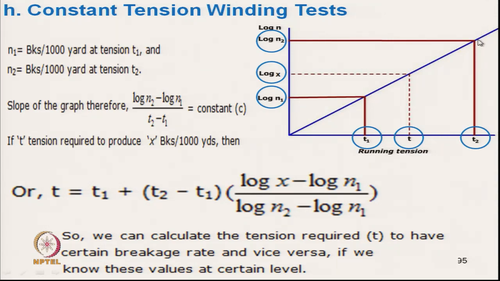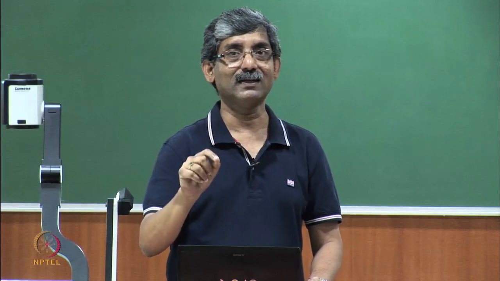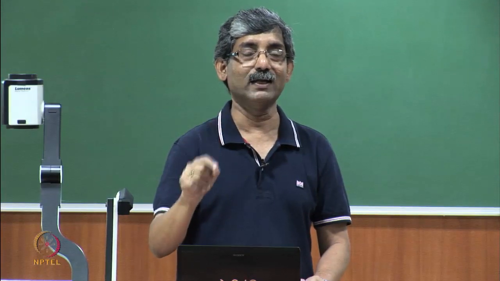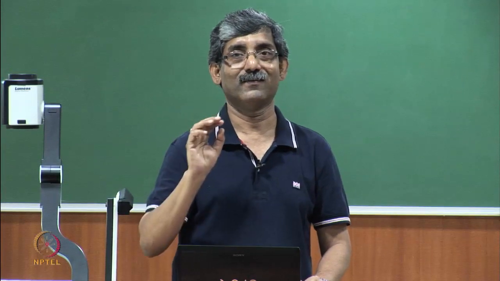In this test, if we can plot this curve for a particular yarn using T 1, T 2 and N 1, N 2, then this will help us in setting the tension in winding, warping or sizing.